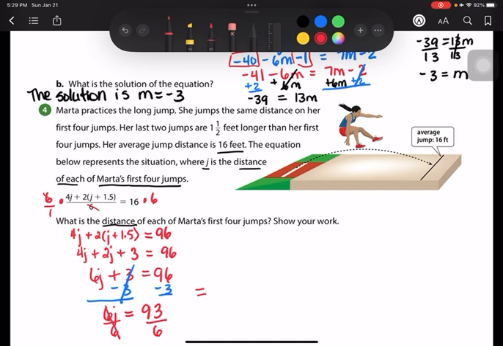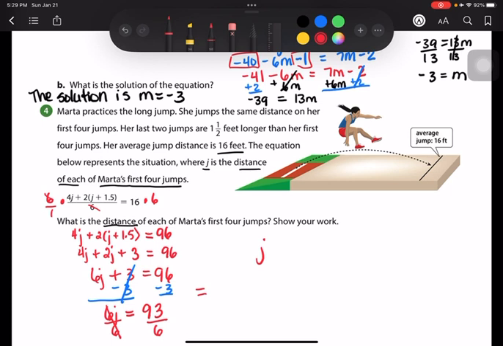This will cancel, and J will equal, we have to divide 6 into 93. That goes in 1 time. 1 times 6 is 6. Subtract, you get 3. Bring down your other 3.